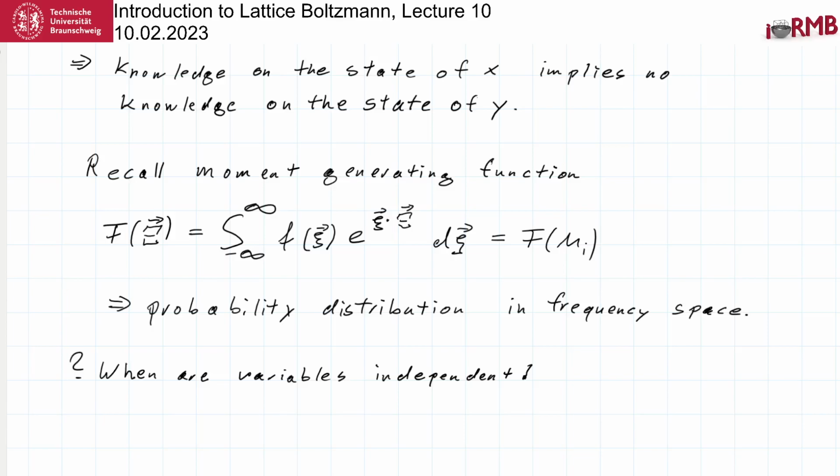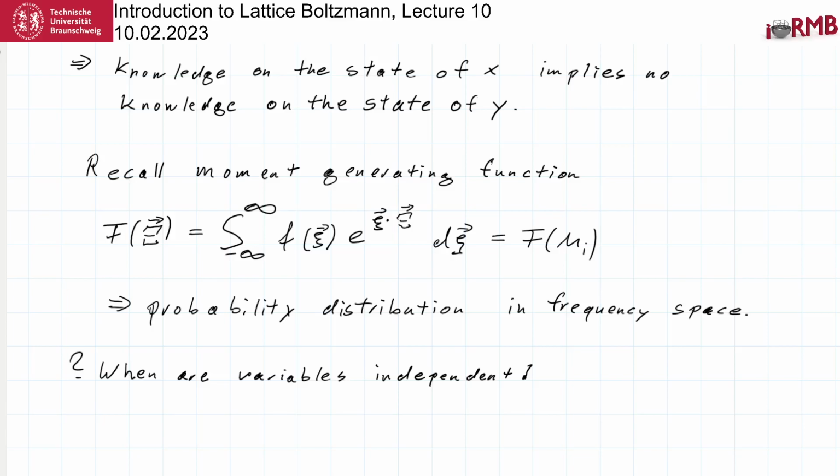This joint probability is the product of the single probabilities, right? All of you have heard this. And this is only the case when these two variables are not dependent on each other, right?